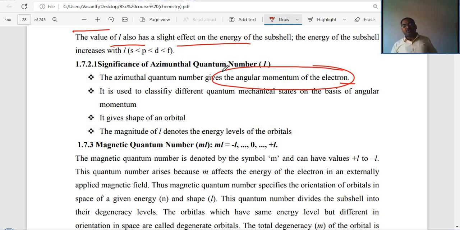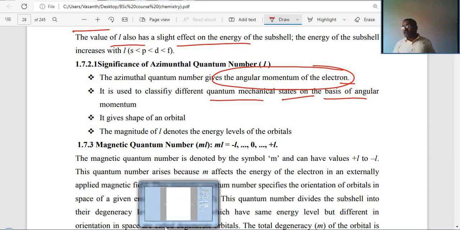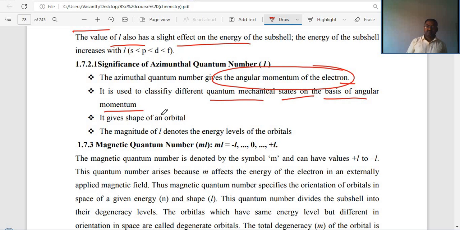It is used to classify different quantum mechanical states on the basis of angular momentum. It gives the shape of an orbital. The magnitude of L denotes the energy levels of the orbitals.